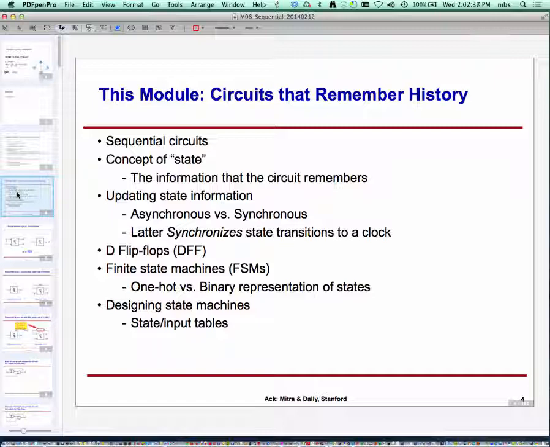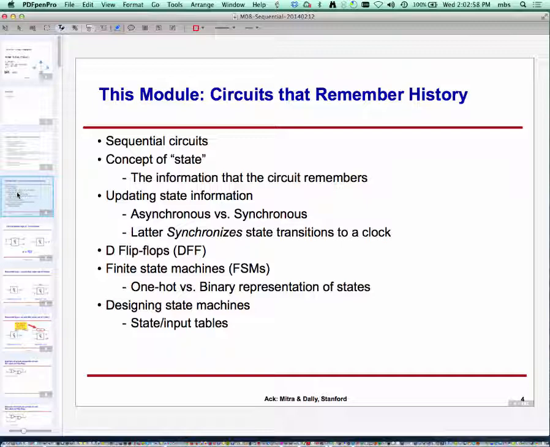So a very powerful concept is that of state, and state basically says that that is the information that I really care about remembering. I don't have to remember all the inputs seen thus far, but really it's a set of variables that represent all the information that I need for the future.